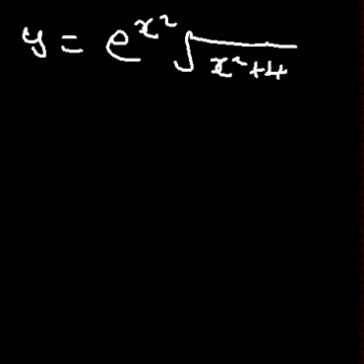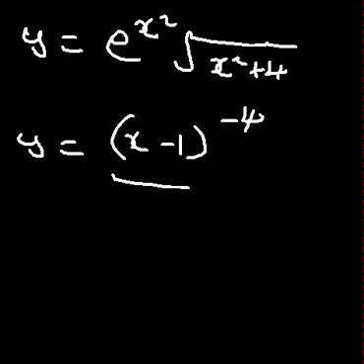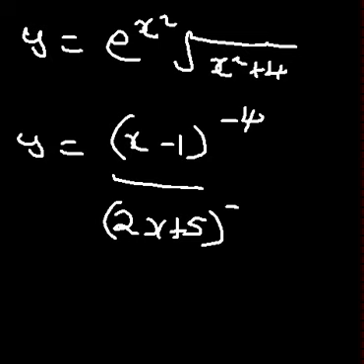Now what if we have this case? Let's say y is equal to x minus 1 to the power negative 4, divided by 2x plus 5 to the power negative 5. What is the derivative of this function?